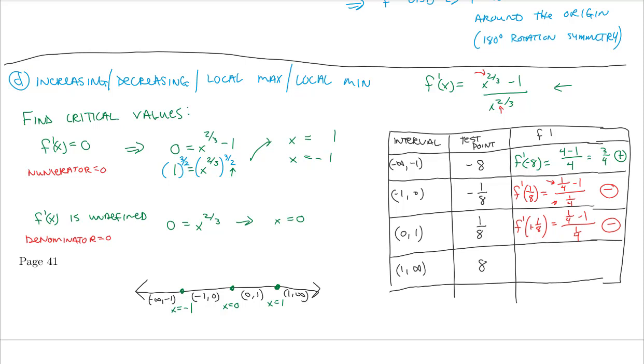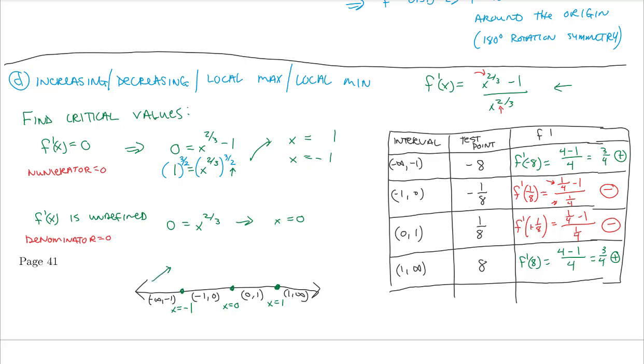So we get another negative at 1/8. And then finally, the calculation for f prime of 8 is the same as the calculation of f prime for -8 because we still get 4 minus 1 over 4, which is 3/4, and that is a positive number.